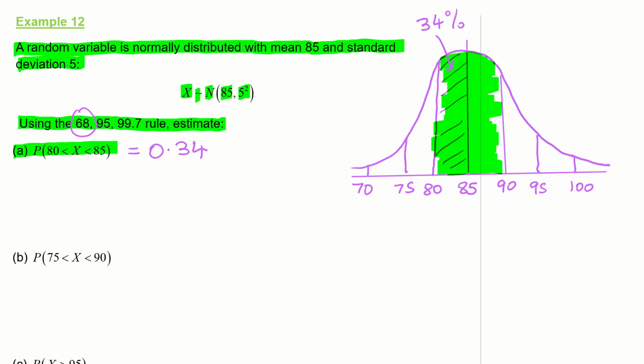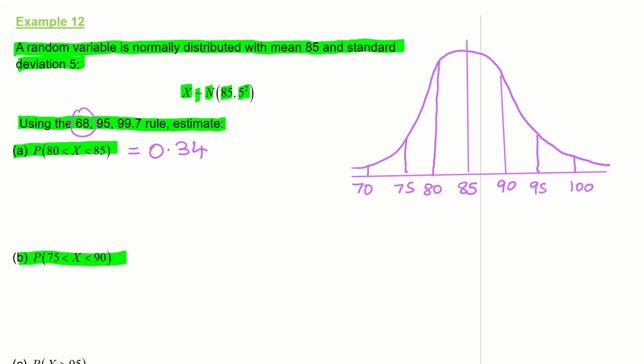So, moving to the next part, between 75 and 90. Between 75 and 90 is this plus this. And just as it worked out in the first part of the question, this bit would be 0.34.